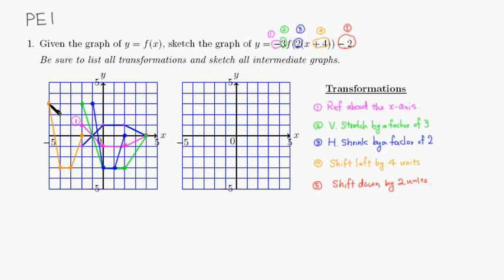Here, we go down 2 units, 1, 2, so it goes here. This one goes down here, this one goes down here, and 2 units down here. So we have the final graph, which looks like this. It's probably better to put the final graph on the grid on the right.